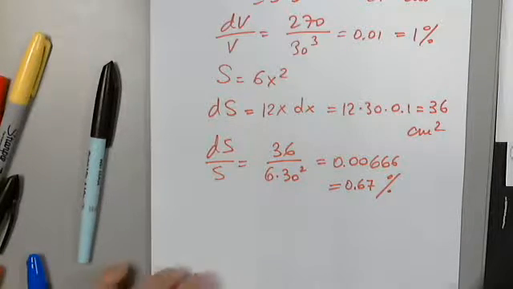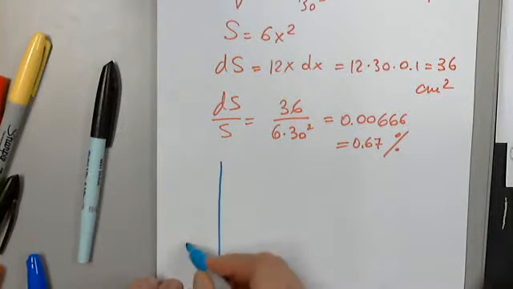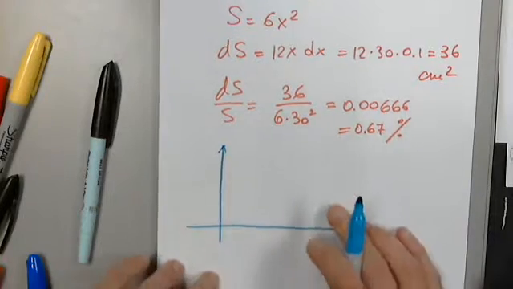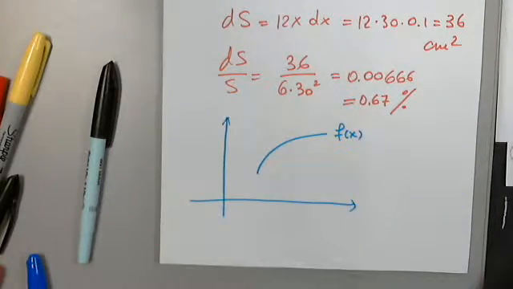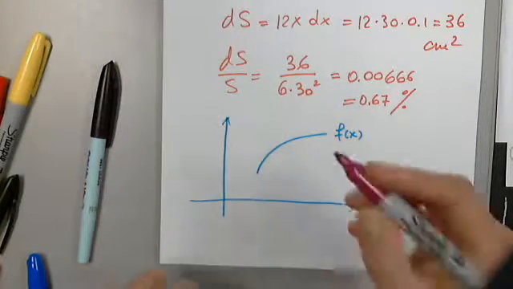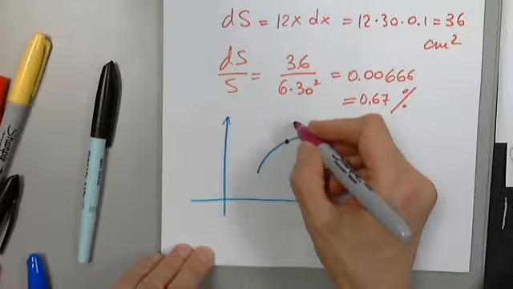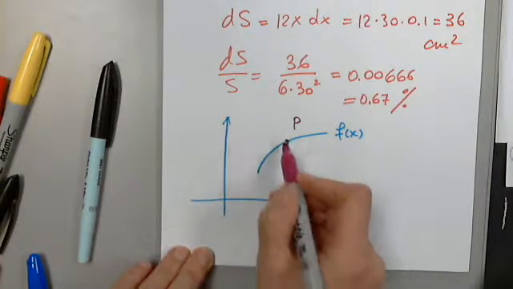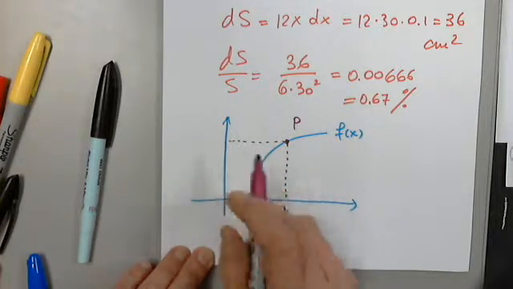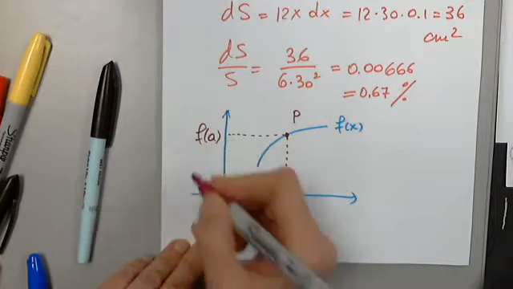Okay, so now let's go back to something else that we need to look at. Back to our same graph, same function. And of course, we're going to look at a point. Which point? But this time of coordinates A and f of A. Perfect.